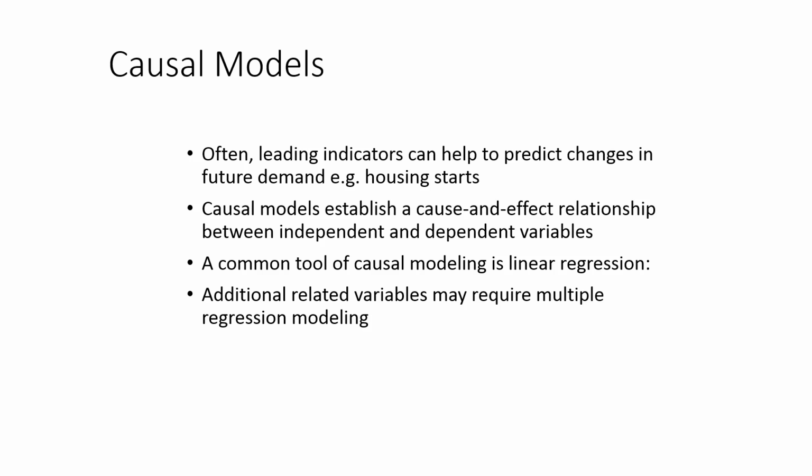So if we're able to measure for a city the number of housing starts, this is going to help us have a better understanding of the number of related products or services that are going to be needed in order to build those houses. Causal models sometimes establish a cause and effect relationship between independent and dependent variables. A common tool of causal modeling is linear regression, and that's one that we've actually looked at. We'll look at it again in more detail this week, because in the other presentation that I'm going to submit, you're going to do linear regression in R.